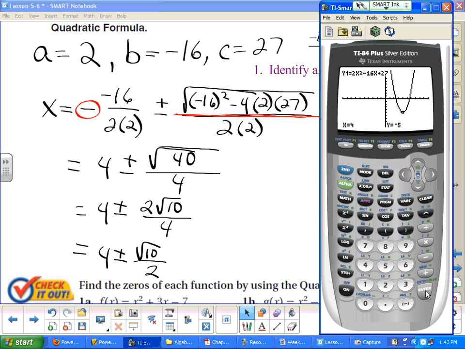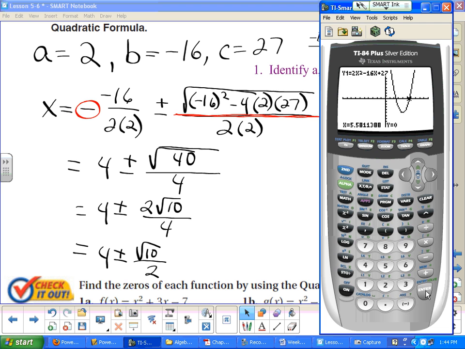So if I trace and do 4 plus the square root of 10, close the parenthesis, divided by 2. What am I looking for? To see if it equals 0, or something really close to 0. And here it equals 0.